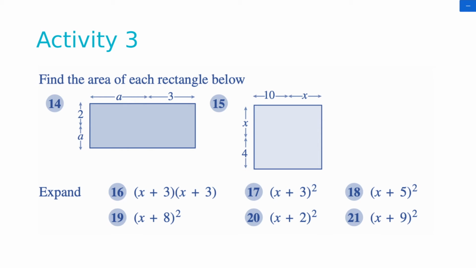Okay, let's have a look at them. So the area of a rectangle is length times width. Okay, the length is a plus 3, and the width is 2 plus a, or a plus 2. I'm going to put the a first because it looks nicer, but it doesn't matter. Your answer should be the same. Okay, so that is the area for question 14.